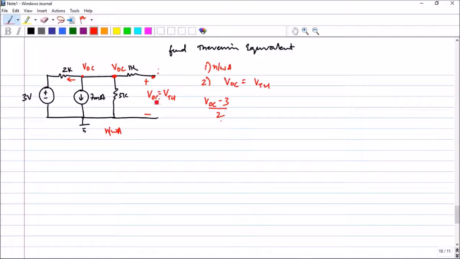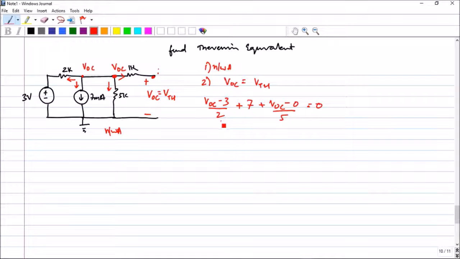That will come up in the next question also, which is an interesting one. So this is in the downward direction, so plus 7, and next is this current, plus VOC minus 0 divided by 5. There is no current flowing through this area, so this current is 0. Total KCL is equal to 0.